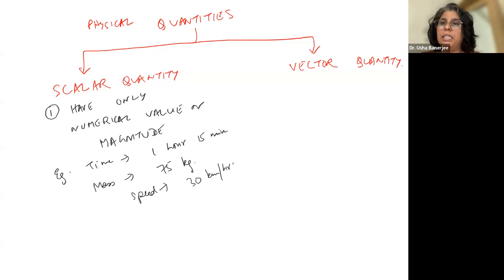I was saying that scalar quantities are those quantities which have only numerical value or magnitude. So physical quantities which can be represented only using numbers or numerical values and magnitude are called scalar quantities. Okay. So the simple scalar quantities that we can think of: time, mass, and speed.